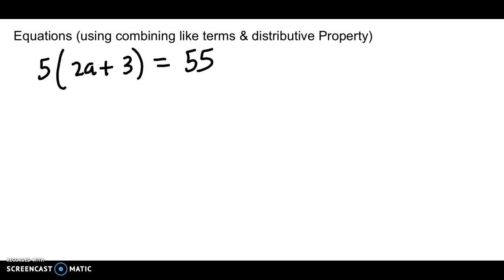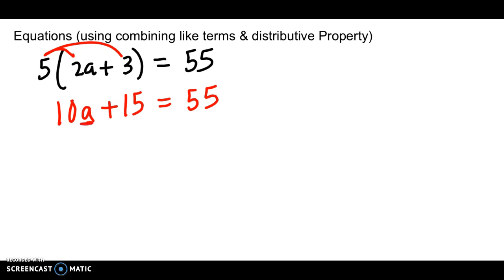We've also been looking at equations which use combining like terms and distributive property. So if we have an equation like this, let's use the distributive property first, and we'll get 10a plus 15 equals 55. We want to get the a, or the variable, by itself. So let's get rid of the plus 15. We'll do that by subtracting 15 from both sides.